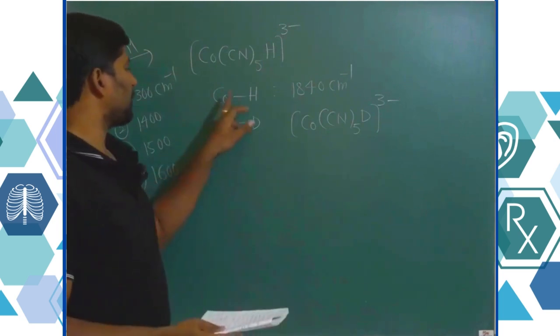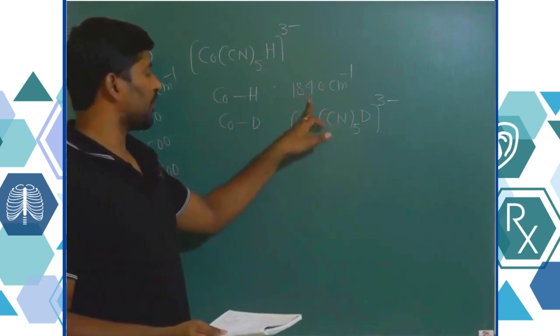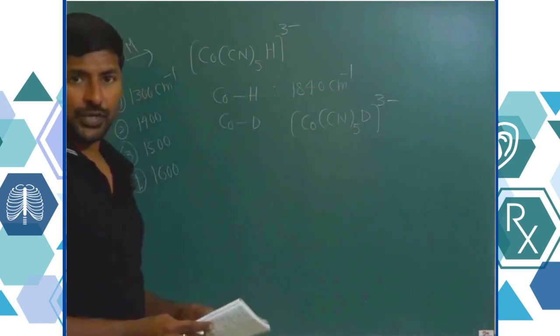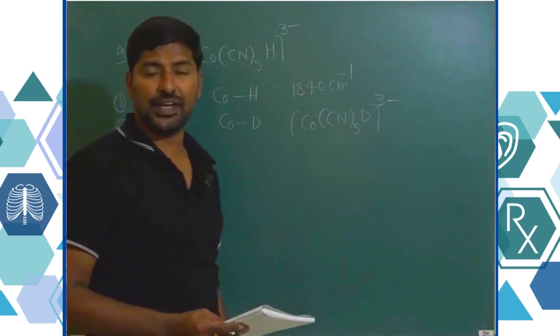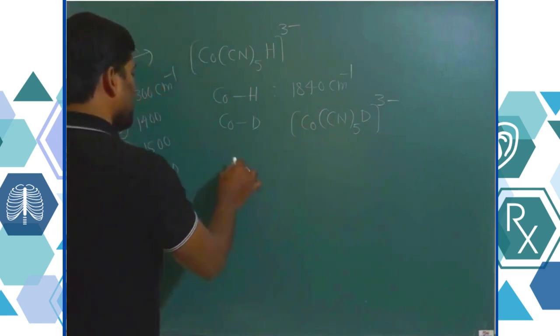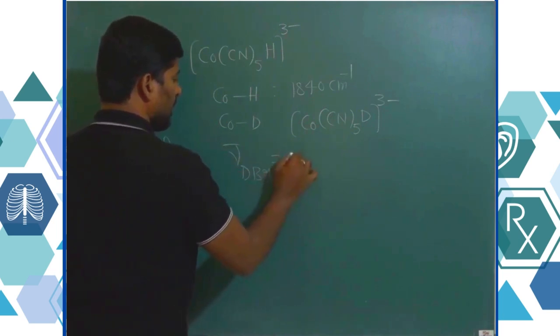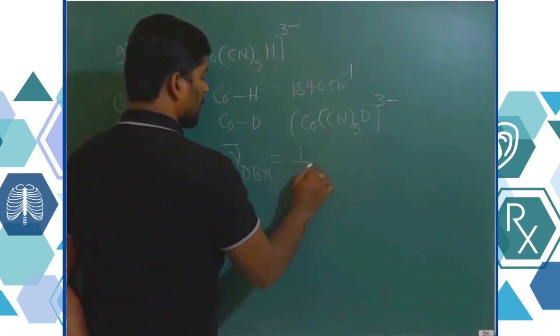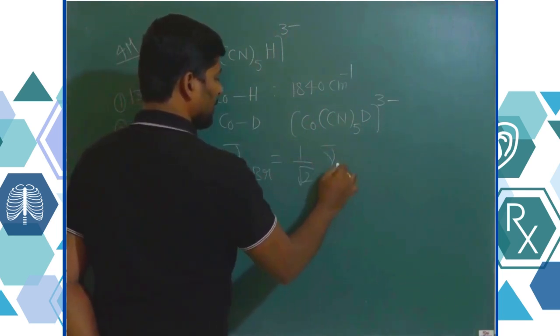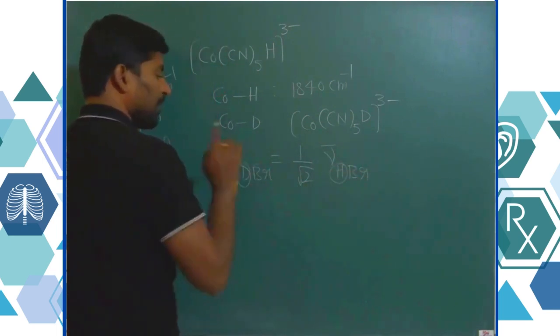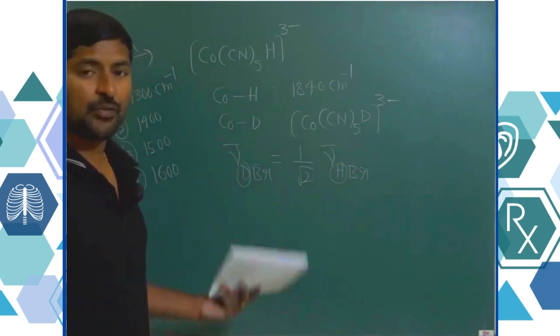Okay, COH stretching frequency is given as 1840 centimeter inverse. Then what about COD stretching frequency? We discussed HBr and DBr. The vibrational frequency of DBr is 1 by root 2 times the vibrational frequency of HBr. So whenever hydrogen is replaced by deuterium, the vibrational frequency decreases by 1 by root 2 times.